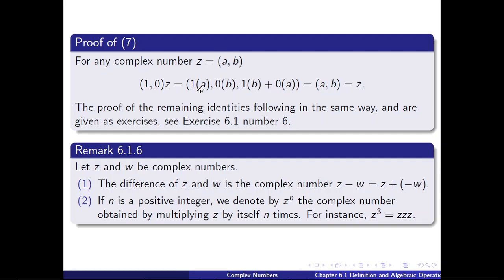So this is supposed to be (1a minus 0b, 1b plus 0a). So there's no comma here, it's a minus. And we'll see that we just get (a, b) in the end, which is z. So therefore we have shown that (1, 0) is indeed the multiplicative identity for complex numbers. And then the rest of the proofs are left as an exercise.